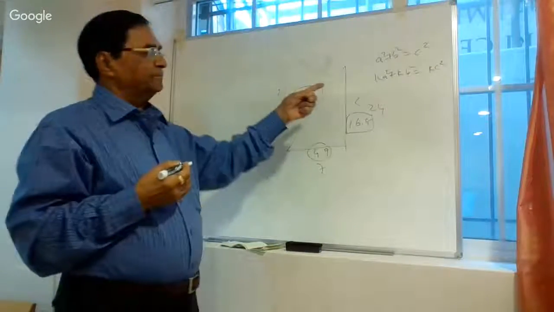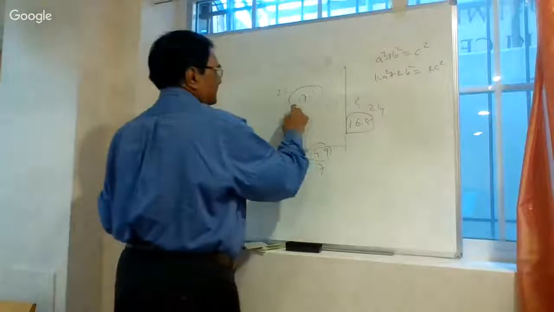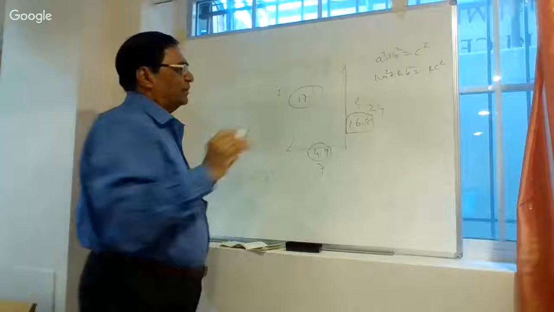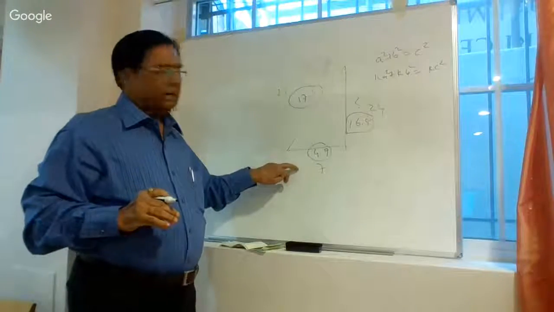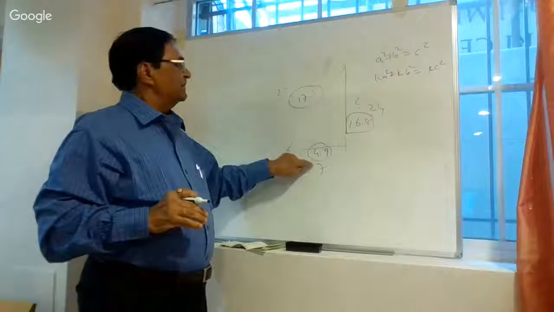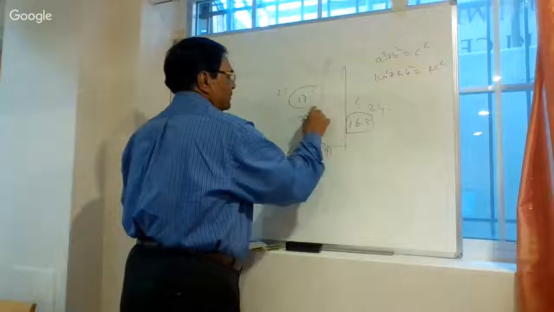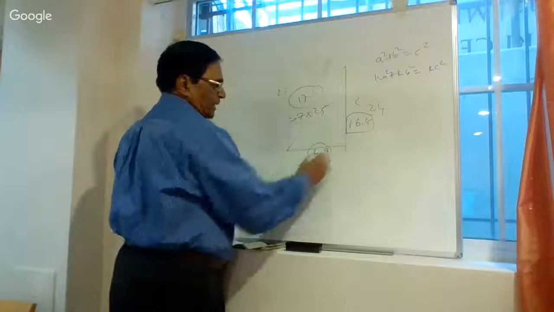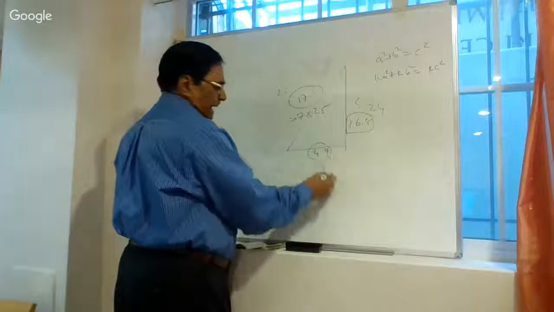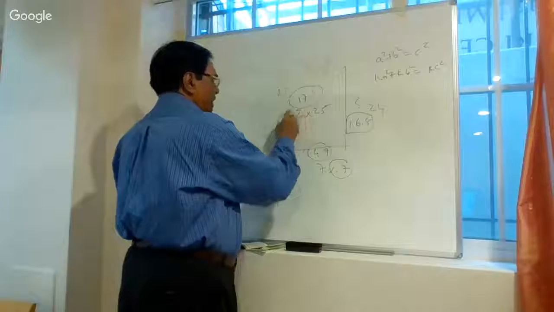So how did you do 17.5 minus 4.9? We remove the decimal point. We see that 7 is common. So you can say this is 7 into 2.5 or 0.7 into 25, and this is 49 is 7 into 0.7. So 0.7 is the common k.